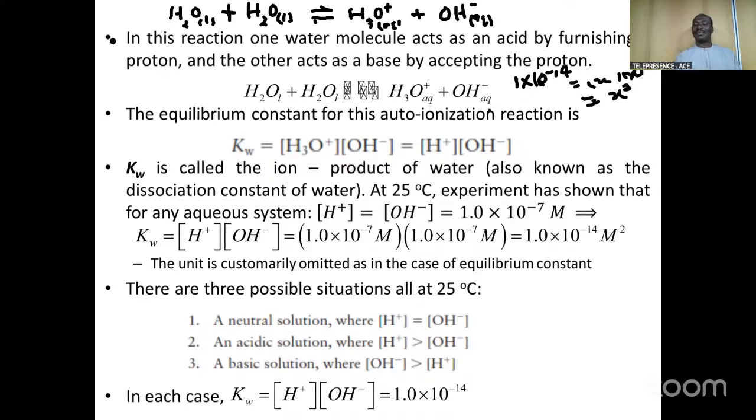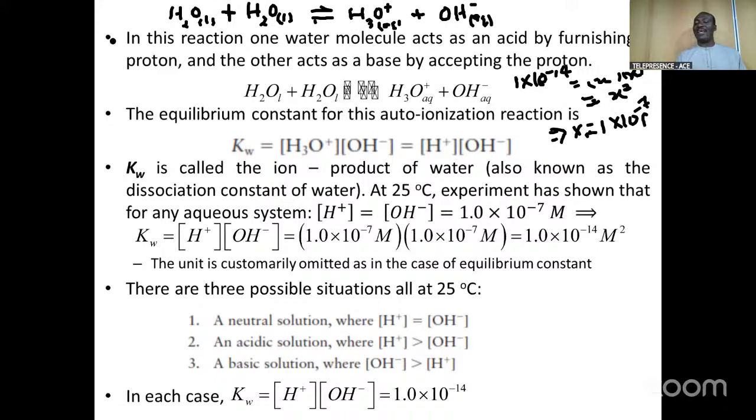X is the concentration of hydronium ion, which is also equal to the concentration of hydroxide ion. All right, so if you find the square root of this, you find that X will be equal to the square root of 1 times 10 to the power minus 14, and that is 1 times 10 to the power of minus 7.